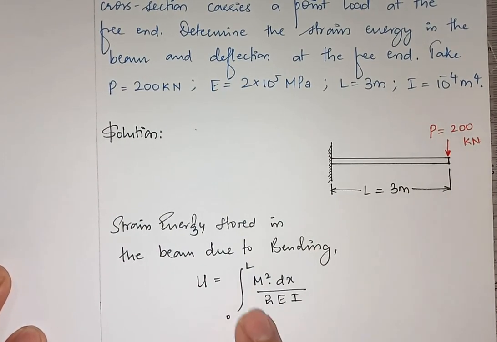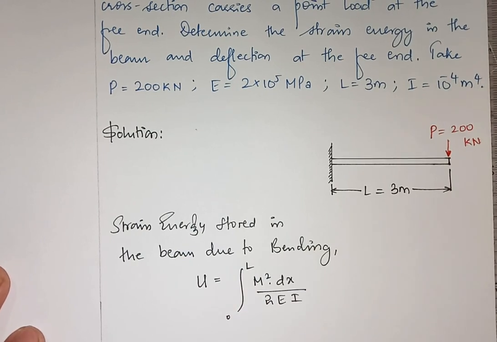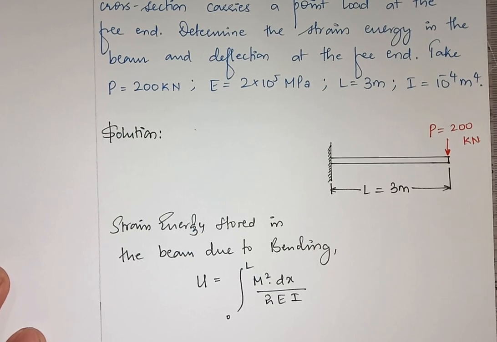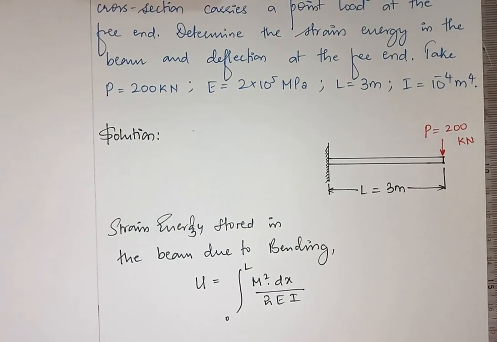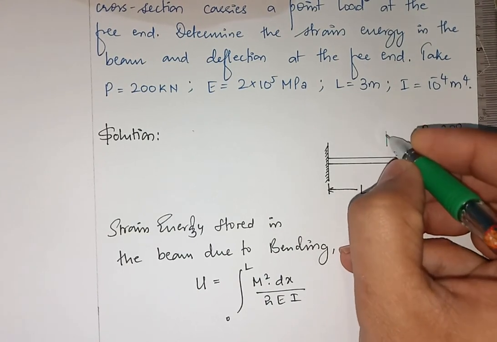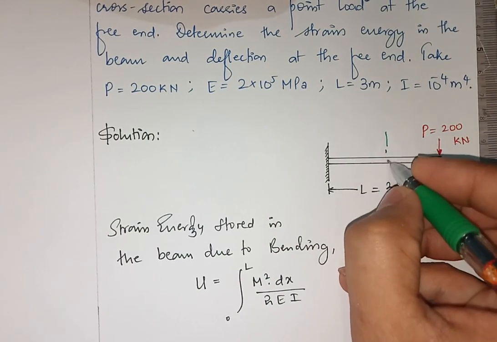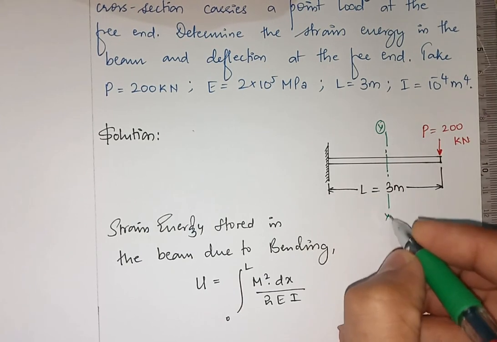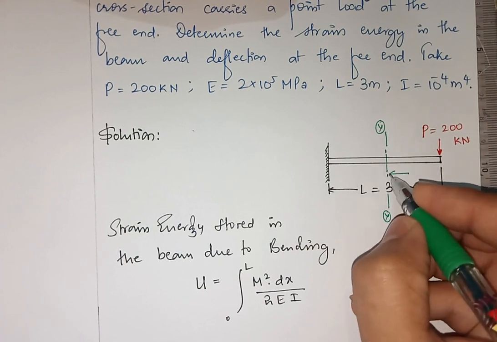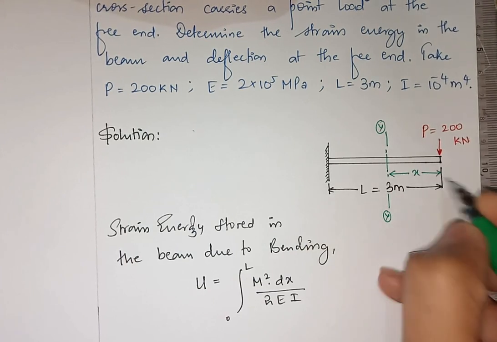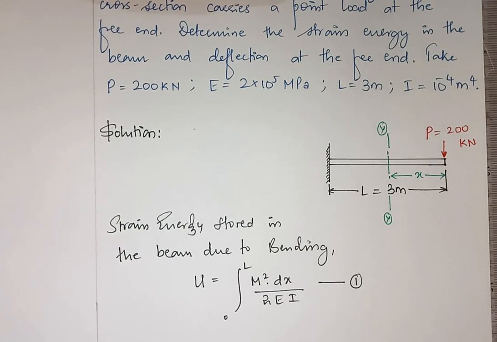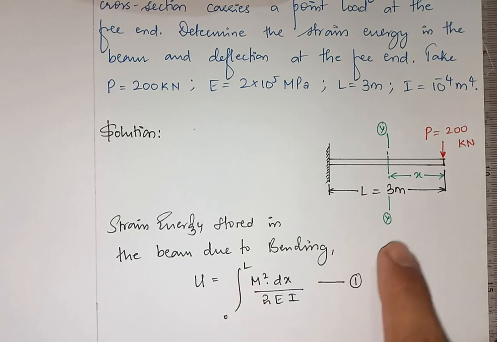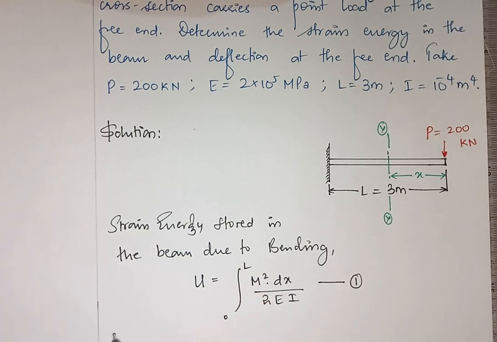Now here I want to find out M square. In order to do that, I'll be taking a section at certain distance from the right end. So let us say I'll be taking one section here. Right, so this is section YY, and this distance from the extreme right end is X. So here M, how you are going to calculate M?